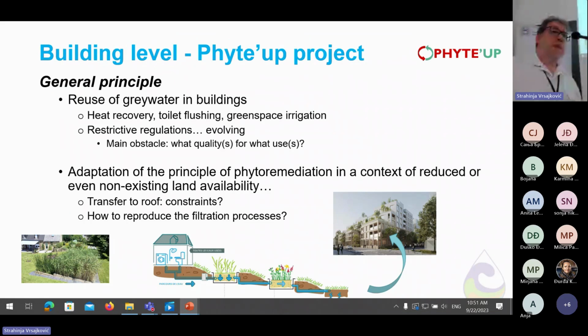So now I will speak about the FIT-UP project. The general principle of this project is the reuse of wastewater in buildings. The idea is that there's some possibility of reuse, toilet flushing, green space irrigation with the reclaimed water. However, we are facing many obstacles to implement this approach.